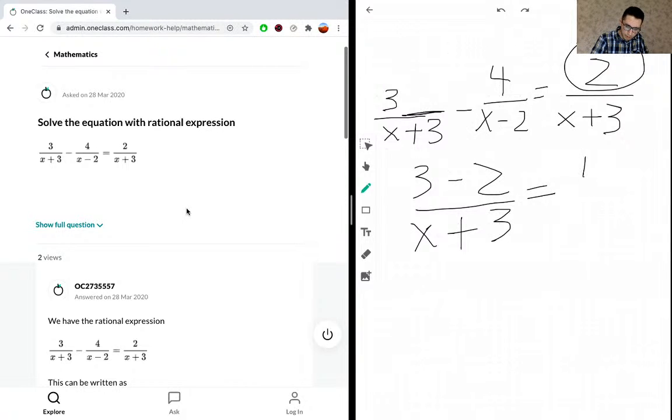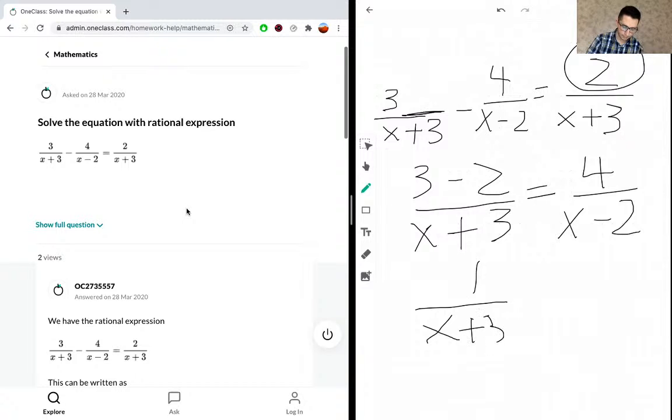So we get positive 4 over x minus 2. And then the next step is we have 1 over x plus 3 equals 4 over x minus 2.